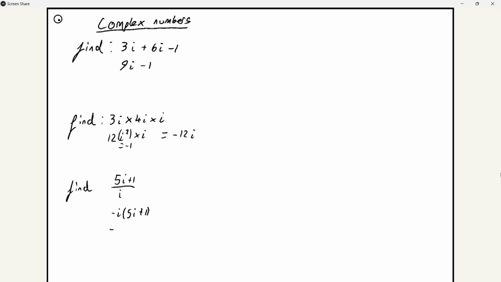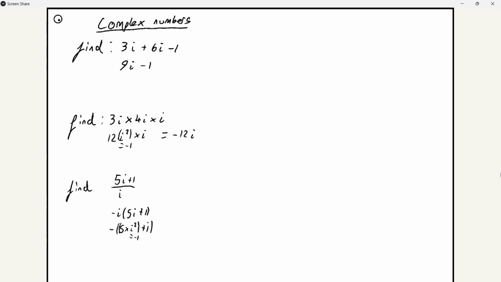So first, let's leave the minus out of it and do 5 times i squared. And then we have, let's put another bracket around that, and then plus 1. Sorry, plus i it will be, because we're doing 1 times i.